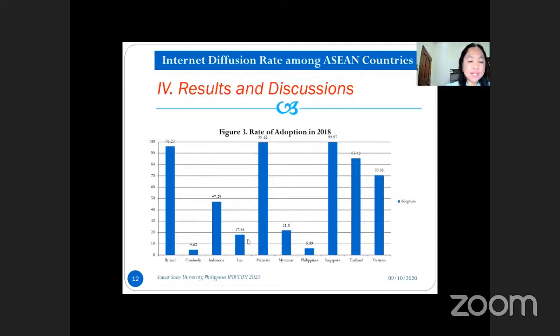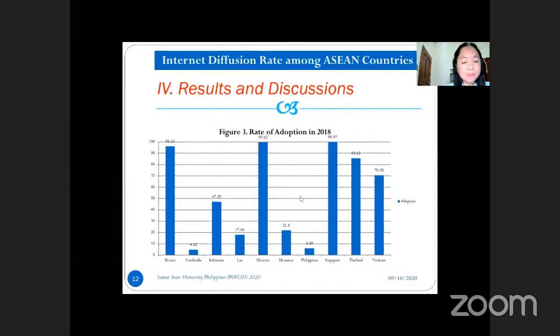The Bass model assumes that the adoption of a new product or technology is primarily driven by word of mouth from satisfied customers or adopters. Thus, the result implies that Singapore's high internet adoption rate in 2018 was highly influenced by the imitators who adopted the internet based on information from other people, or word of mouth.